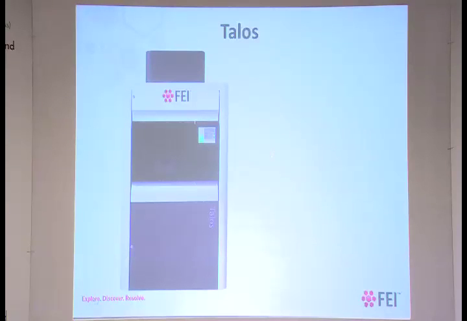Should you not wish to have, for example, an autoloader, and you wish to have a normal holder, you can use this machine, which is the Talos. With these systems, you do have to manually fill with liquid nitrogen, so it's not as automated, but it still keeps hold of some of the automation that we've developed.